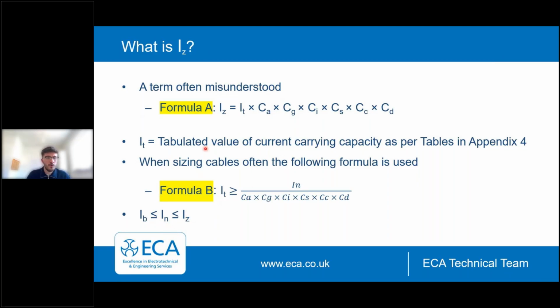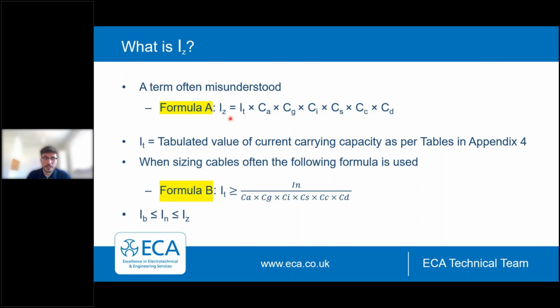So a quick example, let's say, for instance, I had a 32 amp protective device protecting my circuit. I was looking to pick a cable size, and I went to the tabulated value within Appendix 4 for a particular cable type, and it told me it carried 34 amps. So I'd think, great, I'll pick that cable size, but then I apply, let's say, a grouping factor to it of 0.8.